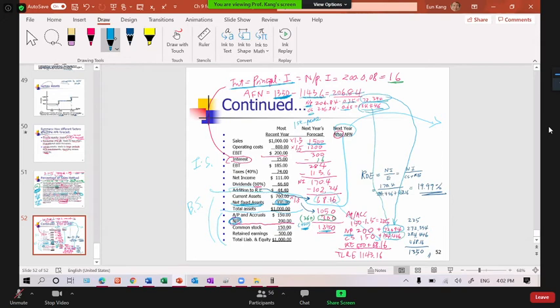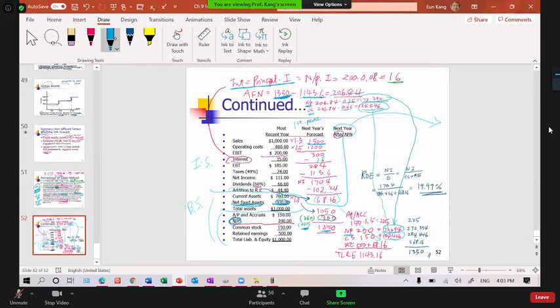So you guys are now getting almost 100% now, right? Professor, can you please again explain where this 1250 came from for the net fixed asset for the 80% capacity?